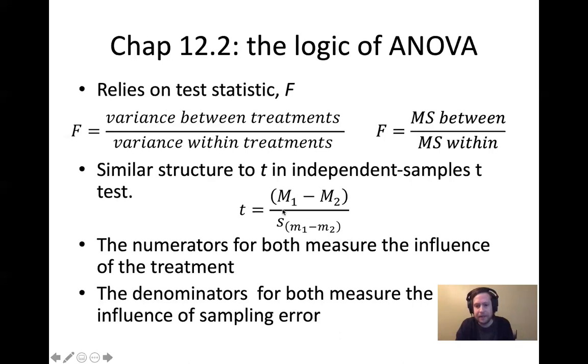Basically, standard error is a form of the standard deviation, but it's a measure of variability. It's the amount of variability on average in each of the 2 conditions. MS within, for the f-test, is the amount of variability in each of the 3 conditions, or if you have a factor with 4 or 5, it's the average amount of variability in all of the various conditions of your study. So I'll show you some examples of how this works out in a second.